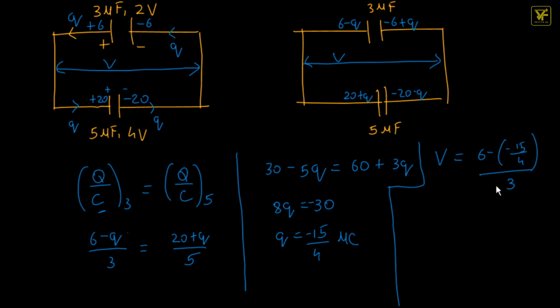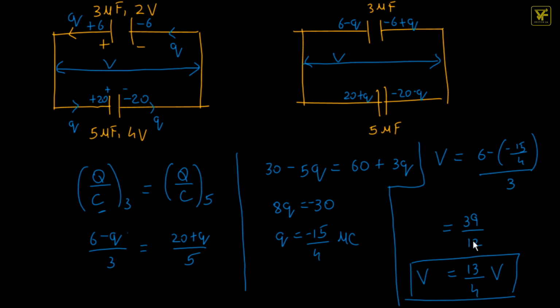Remember, this is microcoulombs and this is microfarad, so micro and micro will get cancelled out. What you're left with is 6 plus 15 by 4, that is 39 by 12, which if you simplify further, you'll get 13 by 4 volts. So the common potential is 13 by 4 volts.